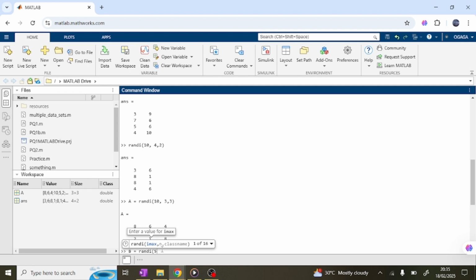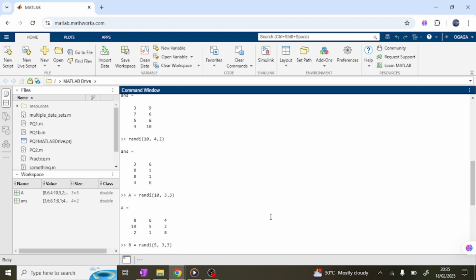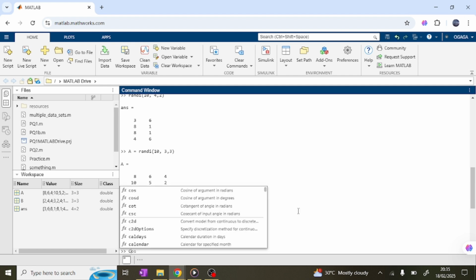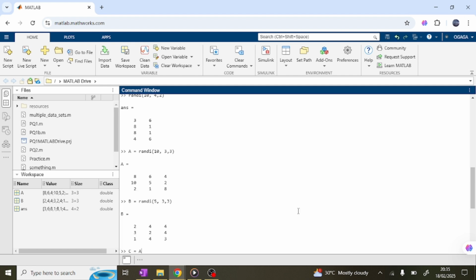Let me say this one should not be more than 5, like the value of the elements. Still 3 by 3, because they have to be the same size for us to carry out addition or subtraction. So for addition, let's try matrix C equals A plus B. Nice.